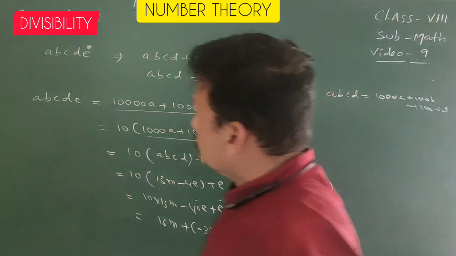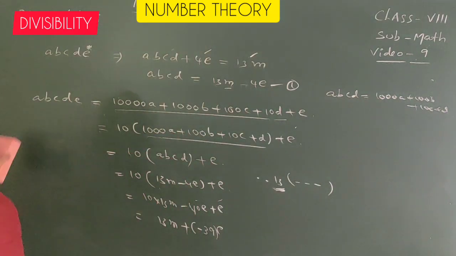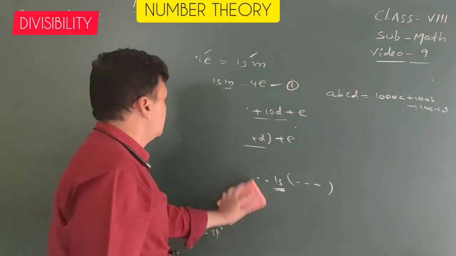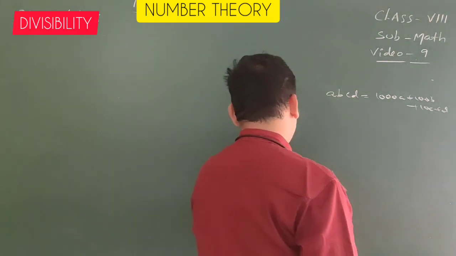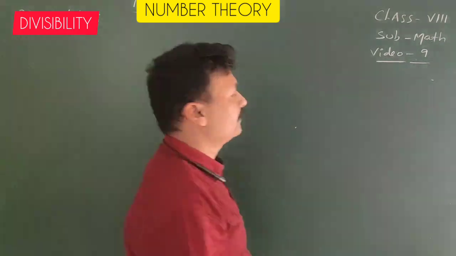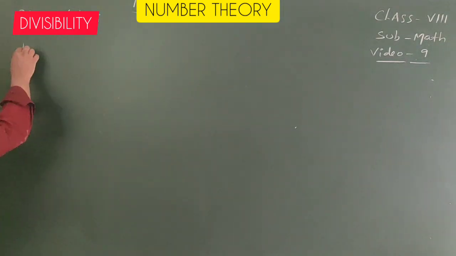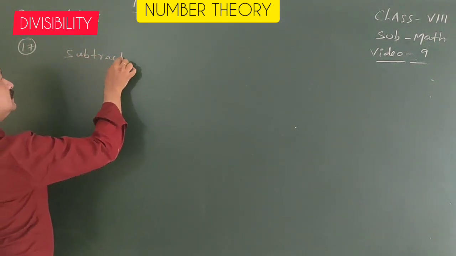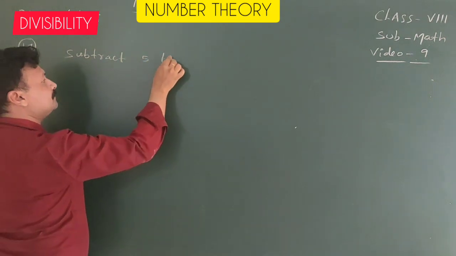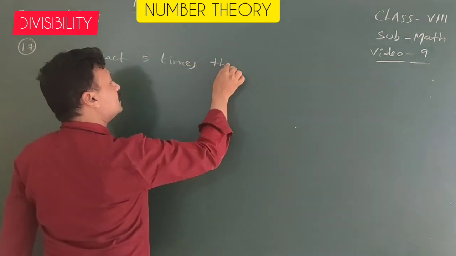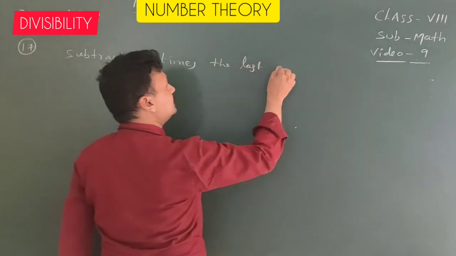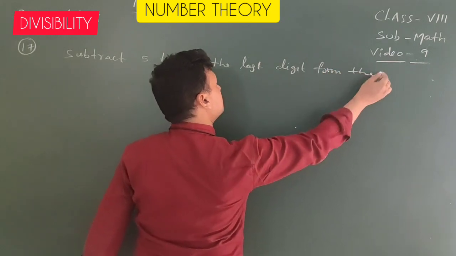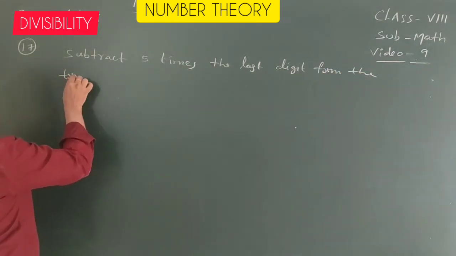Next, divisibility rule by 17. The next prime number is 17. Here, subtract 5 times the last digit from the truncated number.